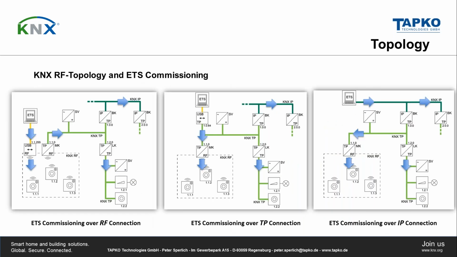Other possibilities: on the left side, you see what I was talking about before. You connect your ETS with the USB stick from RF, and then you can program your KNX RF devices, but you can also program the TP devices, and you can also connect your TP line with the IP router to another IP line, and it's also possible to program from the ETS side to the IP side.